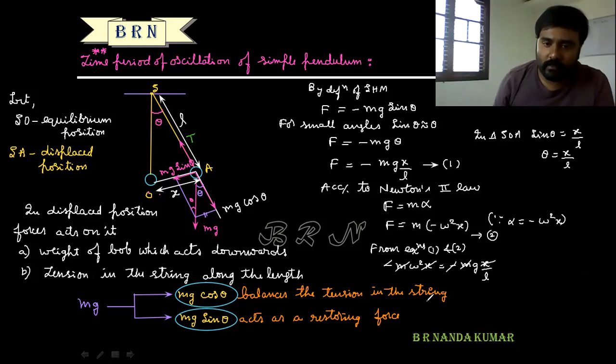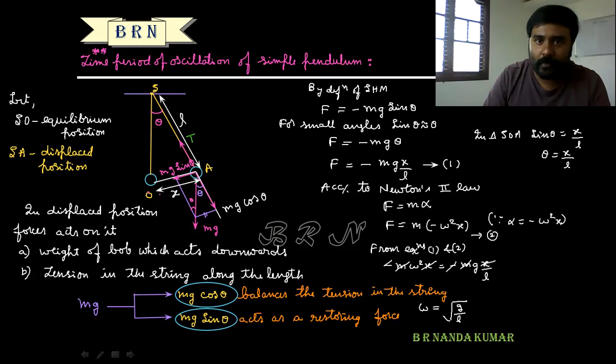So finally, we get omega is equal to root g by L, but omega is 2 pi by T, right?